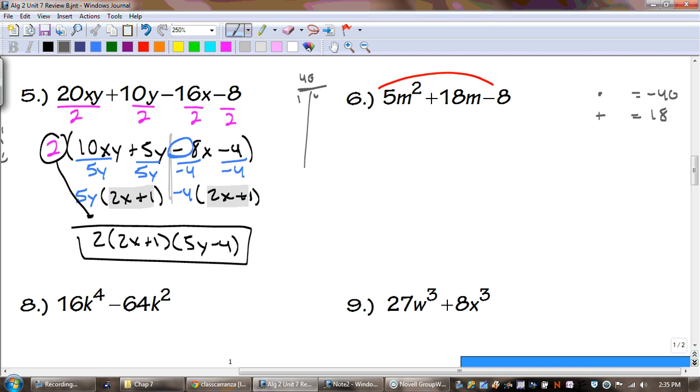So 1 and 40, 2 and 20, 4 and 10, and then 5 and 8. Ooh, I think I see it now. Do you? Yeah, 2 and 20. Which one's negative? Yeah, the negative 2. Okay, so we got to split that middle term. So we got 5m squared minus 2m plus 20m minus 8.